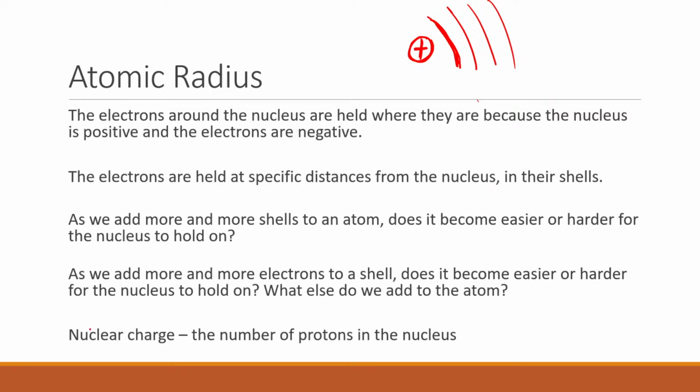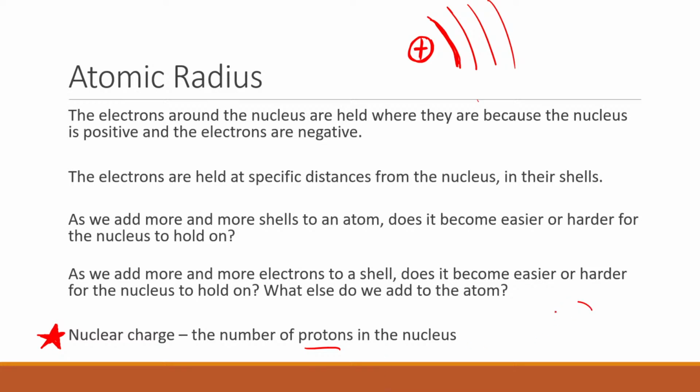Before we do that, there is an important little note down here at the bottom. The nuclear charge, which is a phrase that we will see sometimes on questions. Nuclear charge refers to the number of protons in the nucleus.